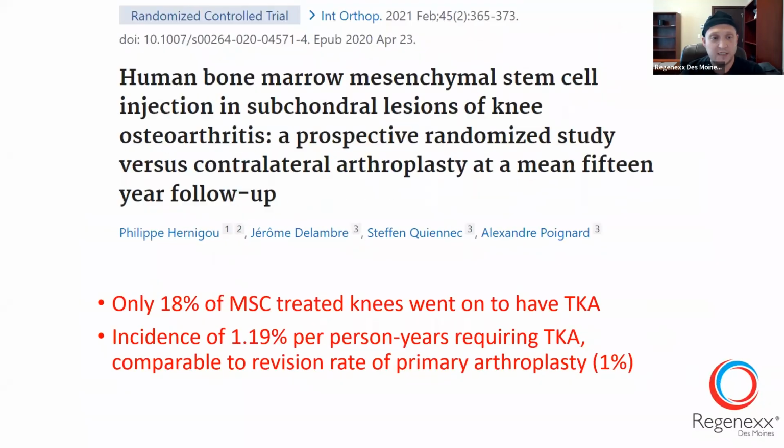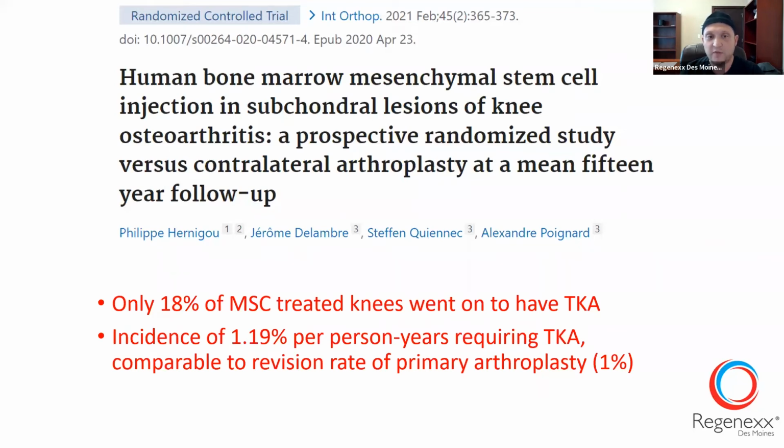Dr. Hernigou went on, same group, different study, but what this one was looking at was they took patients that were scheduled for bilateral knee replacements. These are not patients where the surgeon said, yes, you need your knee replaced, or I'm going to see you in a couple of years and it's time for knee replacement. These are patients that had surgeries on the books for bilateral knee replacement.